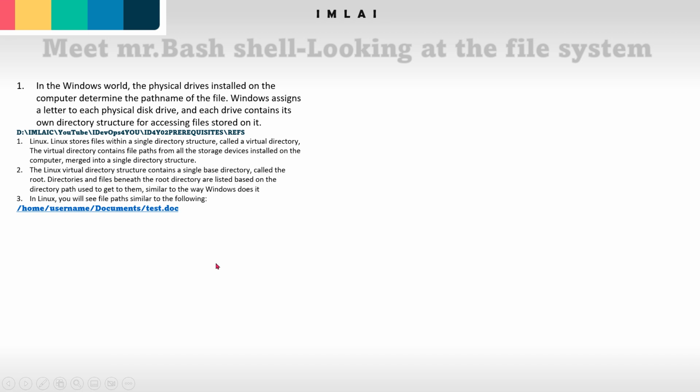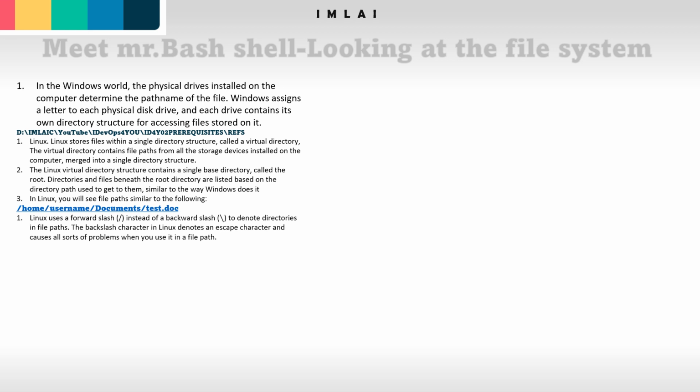The tricky part about the Linux virtual directory is how it incorporates each storage device. The first hard drive installed in a Linux system is called the root drive. The root drive contains the virtual directory core. Everything else builds from there.